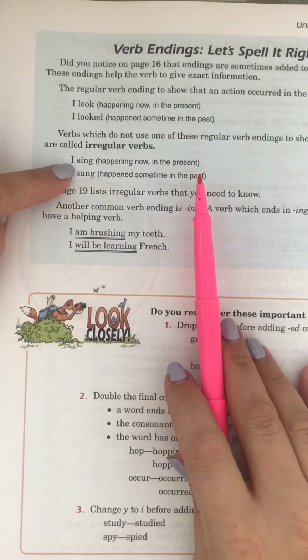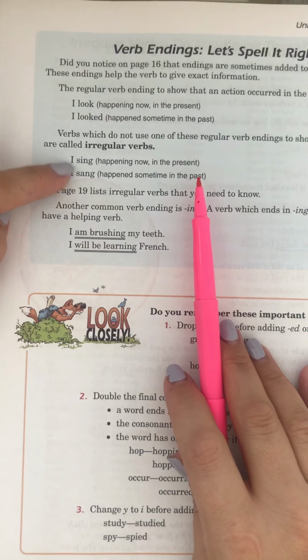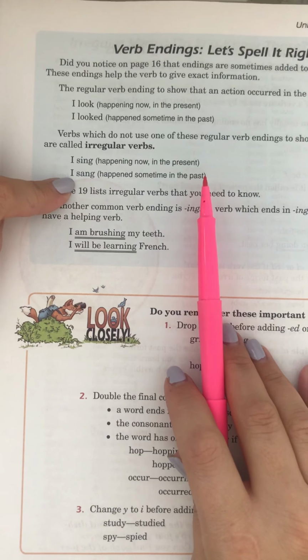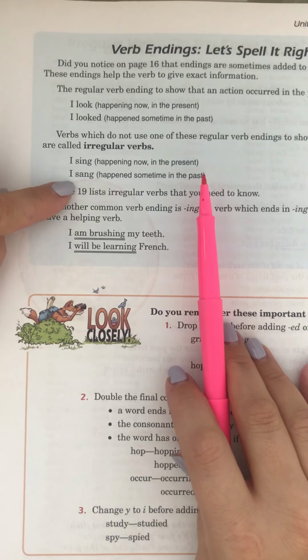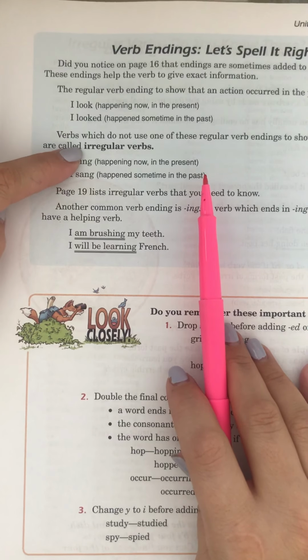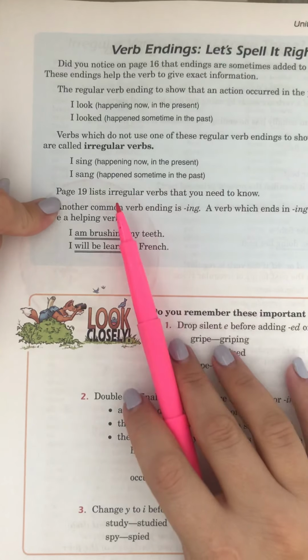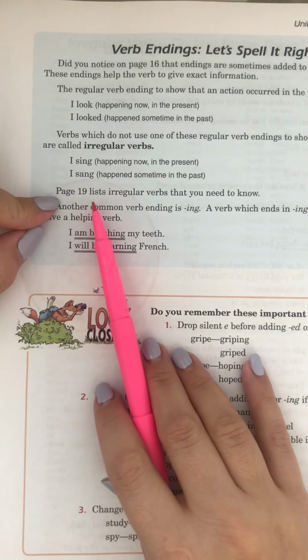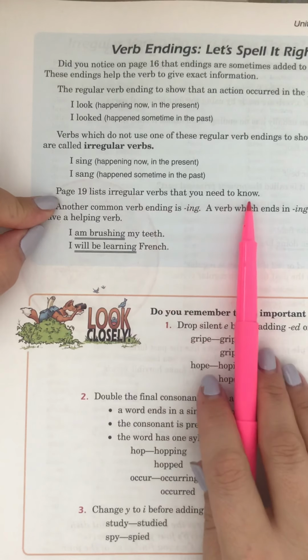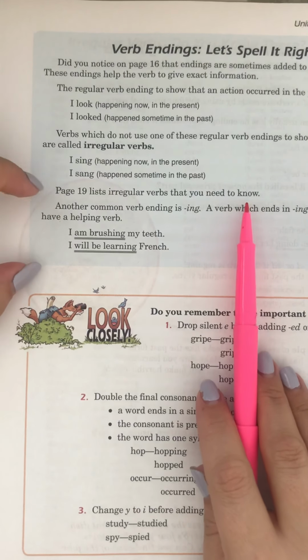You would not say, I singed. You say, I sang. And because this is different than normal, we call that an irregular verb. Page 19, a couple pages ahead, will give you a list of irregular verbs that you can know and practice.